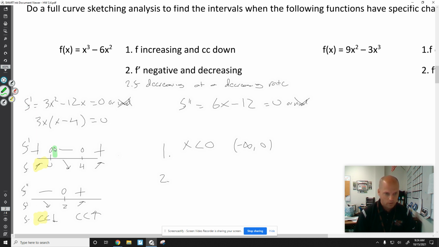We are looking for here and here, where F prime is negative and decreasing, 0 to 2. I'll put it in order. Oh, I just said I'll put it in order, and then I messed up. 0 to 2 or 0 to 2. Both of these are acceptable. Pick one way that's comfortable with you.